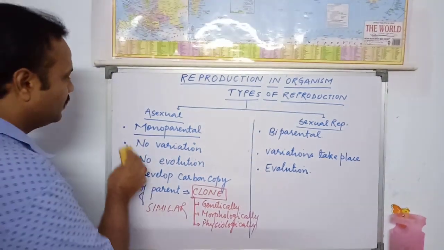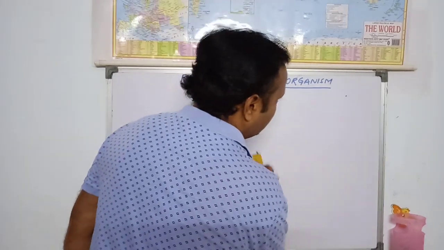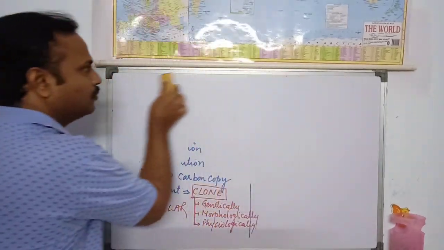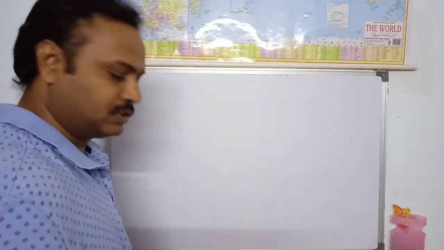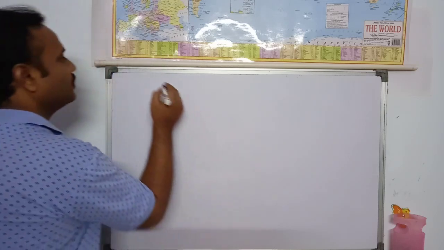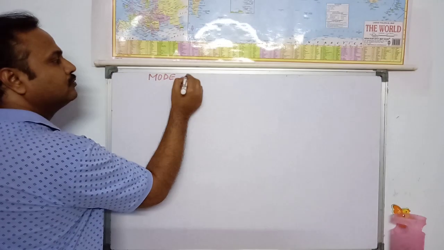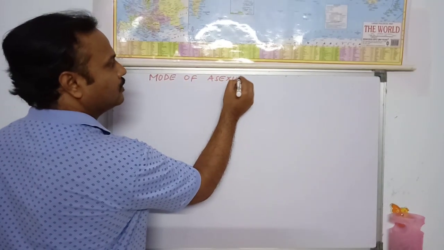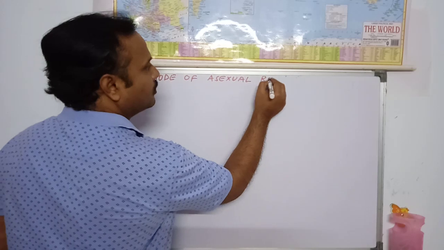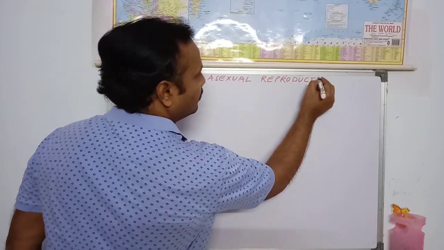Now let us look at the modes of asexual reproduction.